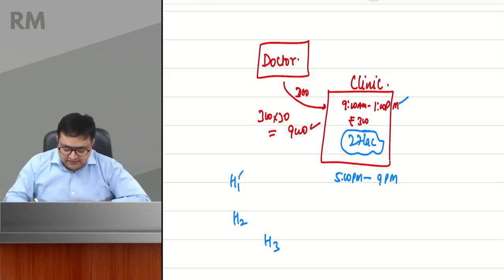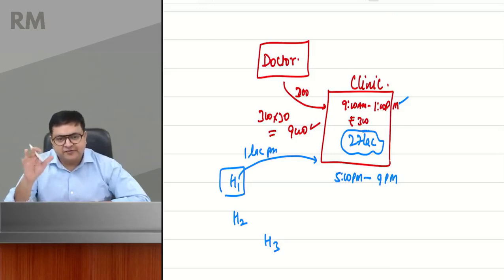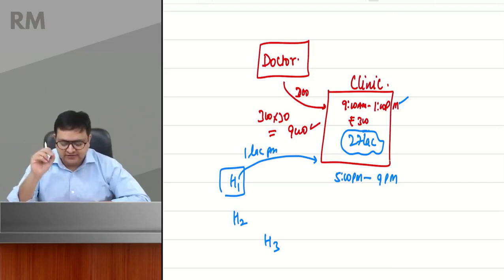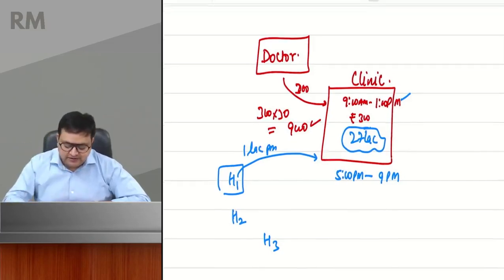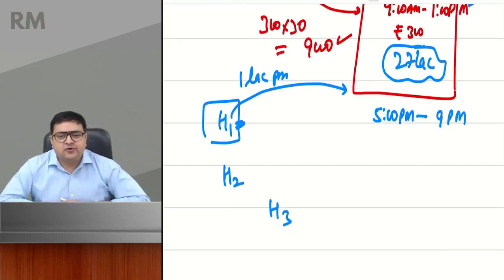And this hospital number 1 is paying him, let's say, 1 lakh rupees per month, not as salary, just for professional services. Guys, what do you think, will this hospital deduct TDS also or not for his professional services?